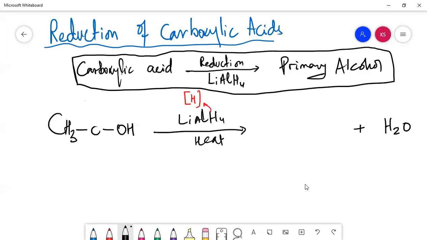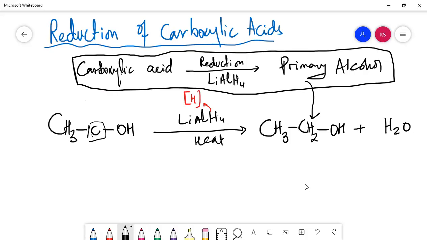Now to these two free bonds, hydrogen would come and add, and that will make it CH2. So we get CH3, the next carbon turns to CH2. The OH is already there, so that makes it a primary alcohol. The carbon with the OH has two hydrogens on it.